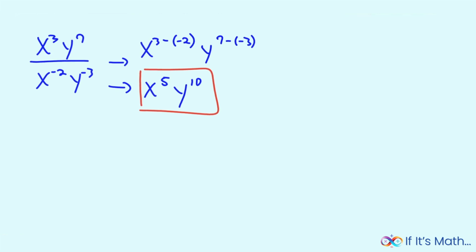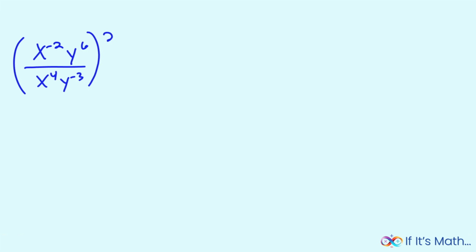So let's take a look at another one. Let's start getting a little more complicated. Let's say we had x to the negative second y to the sixth over x to the fourth y to the negative third, and we're going to raise all of that to the second power. This is where you start to have some choices, right?